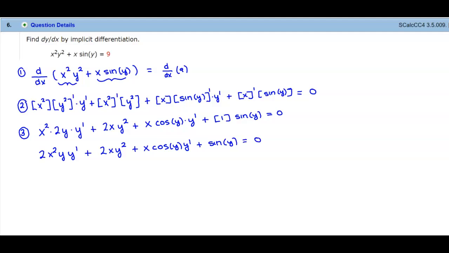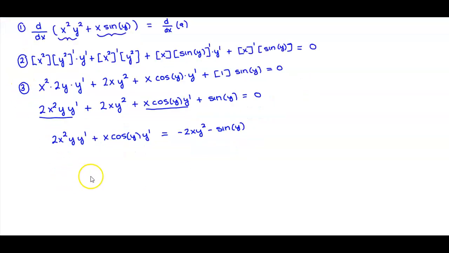So now we're going to isolate y primes on the left side of the equation. So we have 2x squared y prime plus x times the cosine of y times y prime, and then on the other side we're going to subtract 2xy squared, and then we're also going to subtract the sine of y.